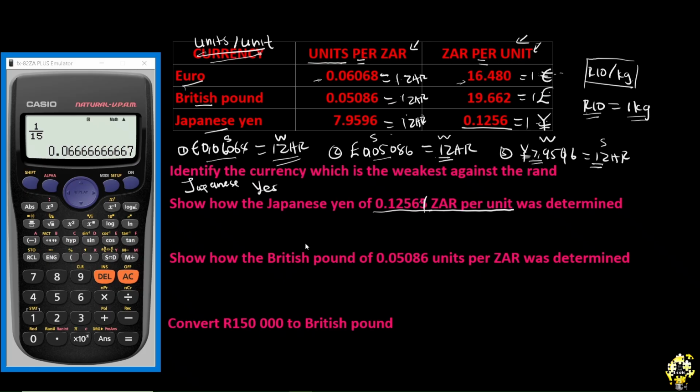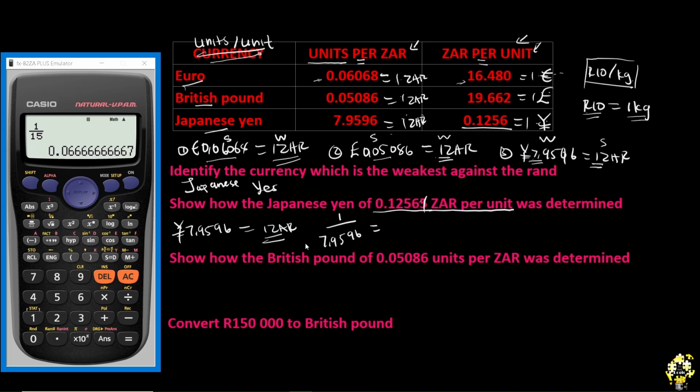Like I told you, look on the other side. This side, it says that if you have 7.9596 Japanese yen, you can get yourself 1 South African rand. How did I say we change it to be in a form of 1 is to the other? This side, 1 is on the ZAR. But if you want to put 1 on the other, what did I say you do? I always say you take a 1, you divide it by whatever is on the other side, and that is 7.9596.